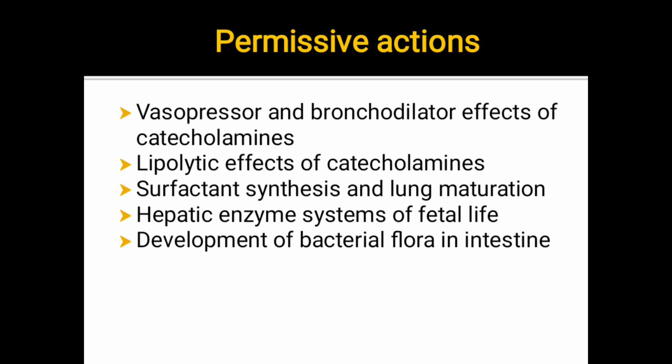For example, the catecholamines can exert their vasopressor and bronchodilator effects better only in the presence of glucocorticoids, but as such, the glucocorticoids cannot produce the vasopressor or the bronchodilator effects by itself. This is called the permissive role of the glucocorticoids.